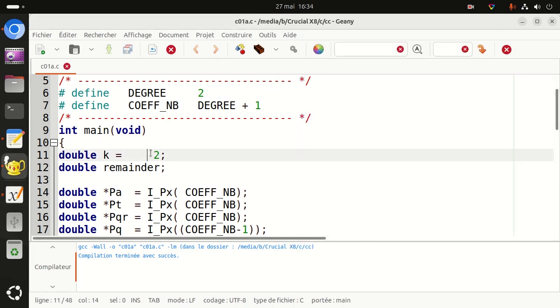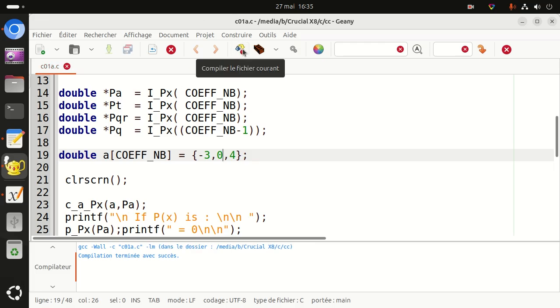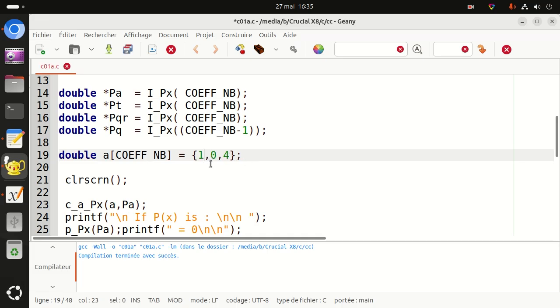First I have changed the value of k. Now I try to change the value of the coefficients of the polynomial. Instead, I put here 0. You can see the result. And perhaps I put here 1 and 0.